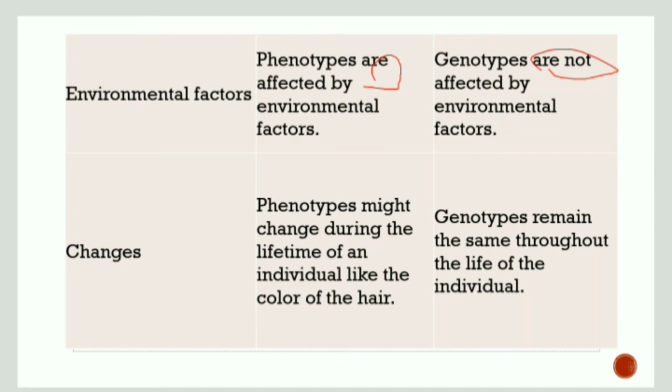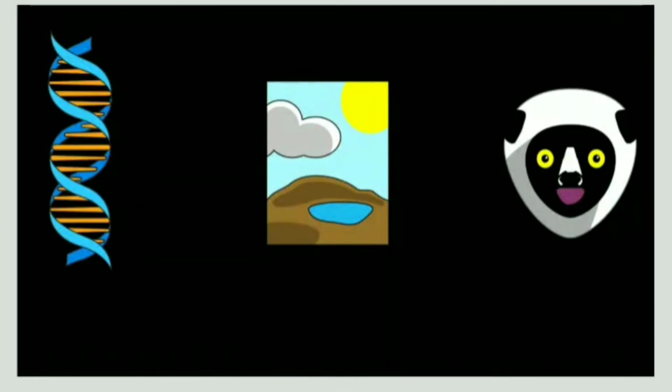For example, we can say color of a hair. Whereas genotypes remain the same throughout the entire life of an individual. So genotype plus the environment results in the phenotype. So genotype plus the environment give rise to the phenotype.